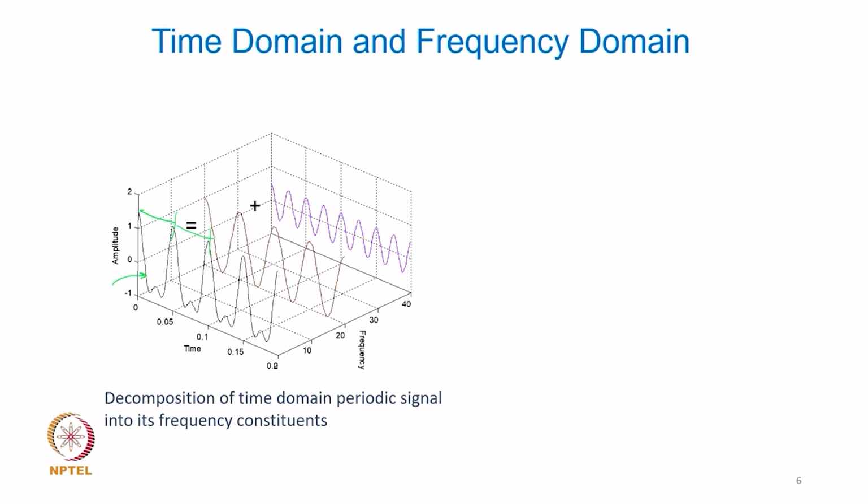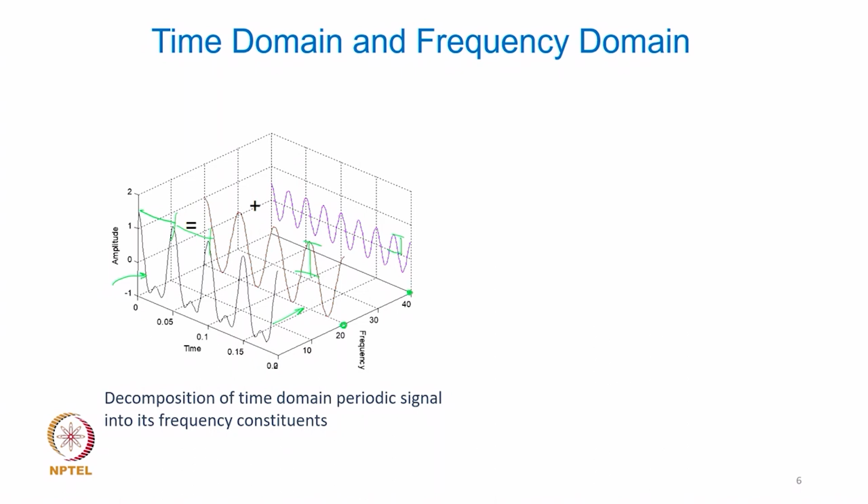So, I can decompose this periodic time function into its constituent harmonic time functions. In this particular case it is made up of two sinusoids with two different amplitudes and two different frequencies. This one has a frequency of 20 hertz and the second constituent is 40 hertz.